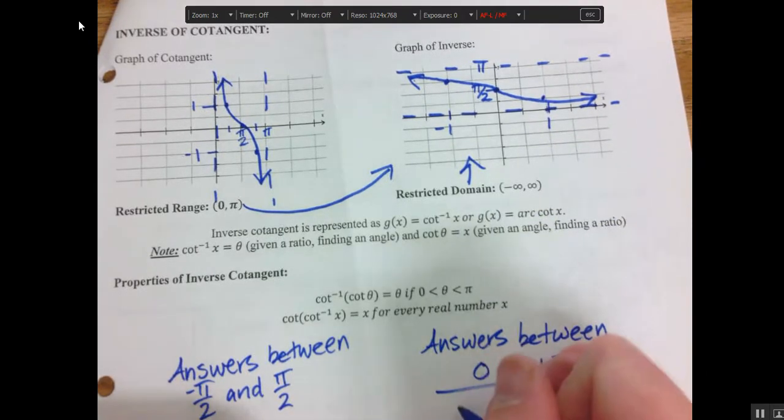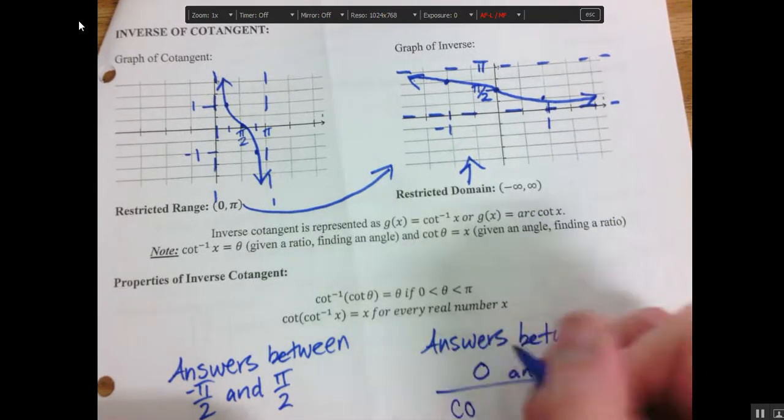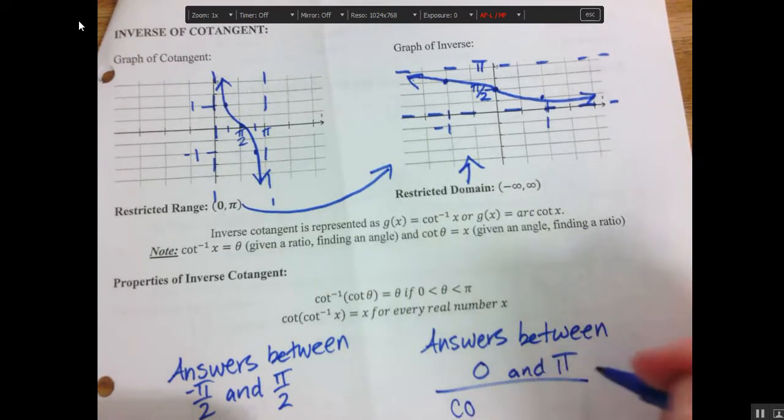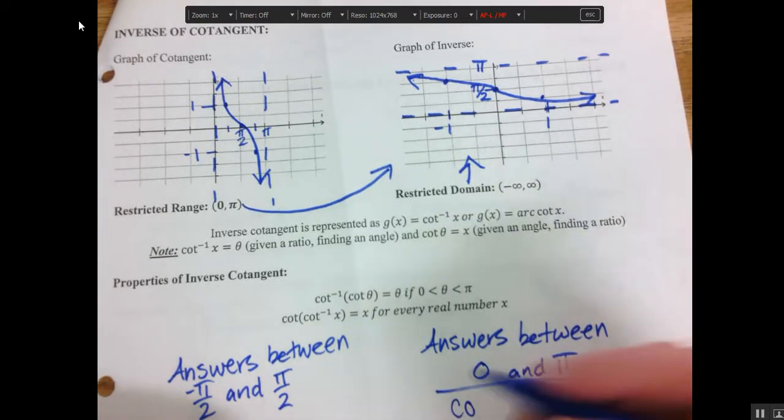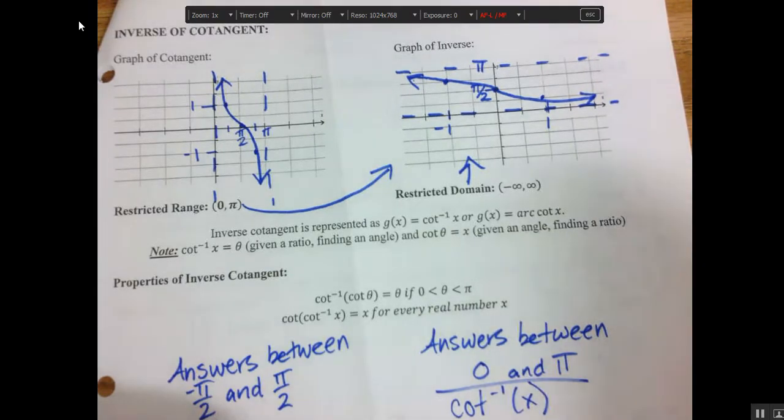So we're going to make a list. Functions that have answers between 0 and pi are inverse cotangent. And what else? 0 and pi, that was inverse cosine.